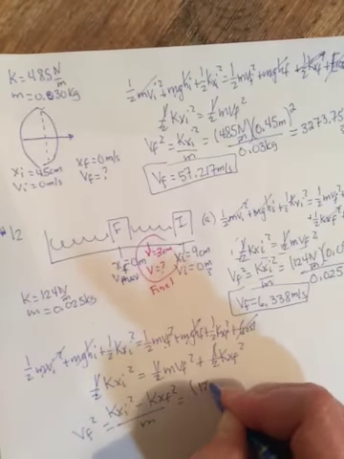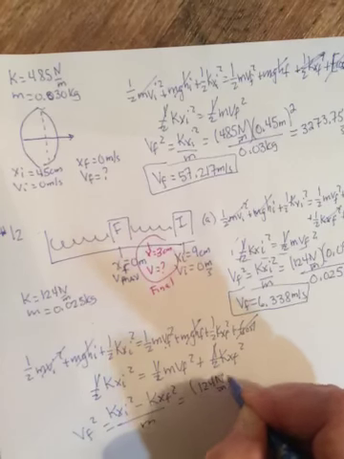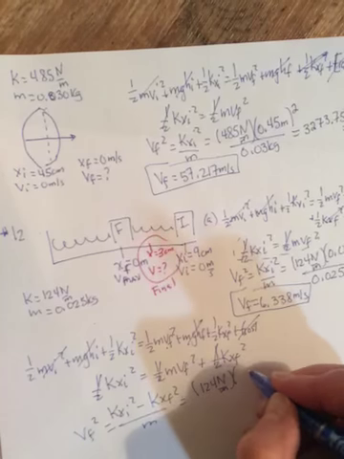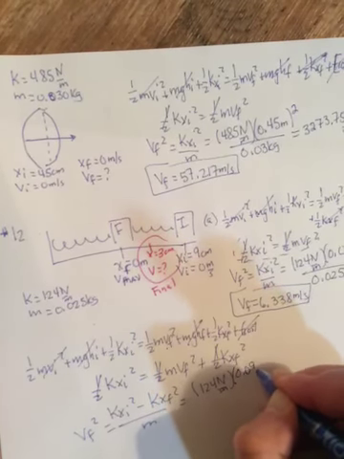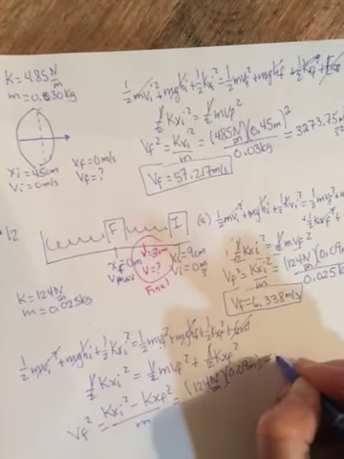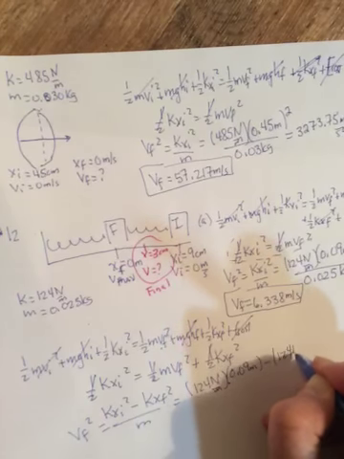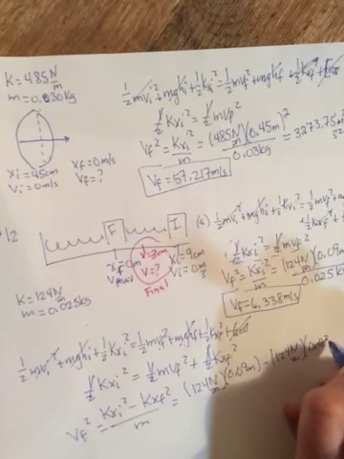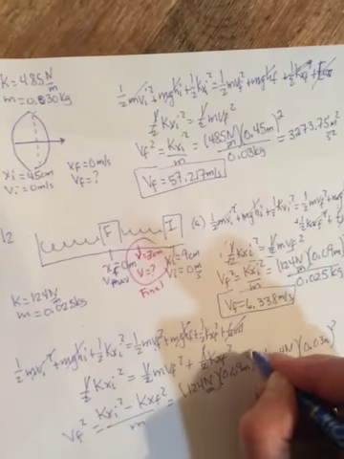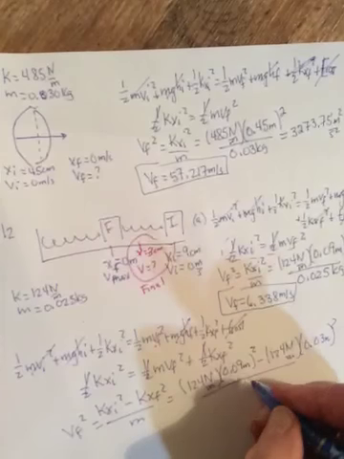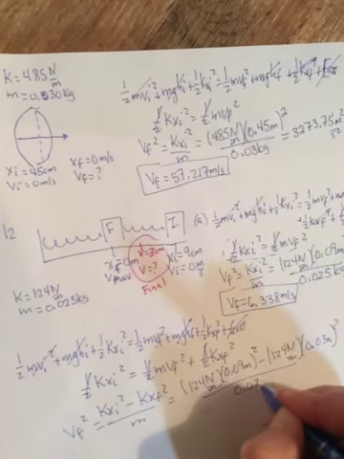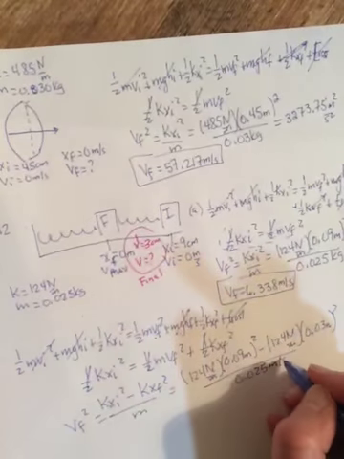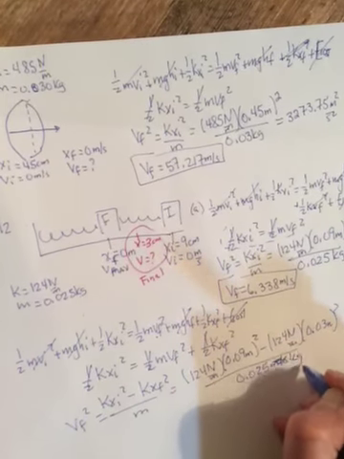So k, 124 newtons per meter. x initial was 9 centimeters, 0.09 meters, minus 124 newtons per meter, 0.03 meters squared, don't forget your squares, over 0.025 kilograms. We're solving for meters per second.